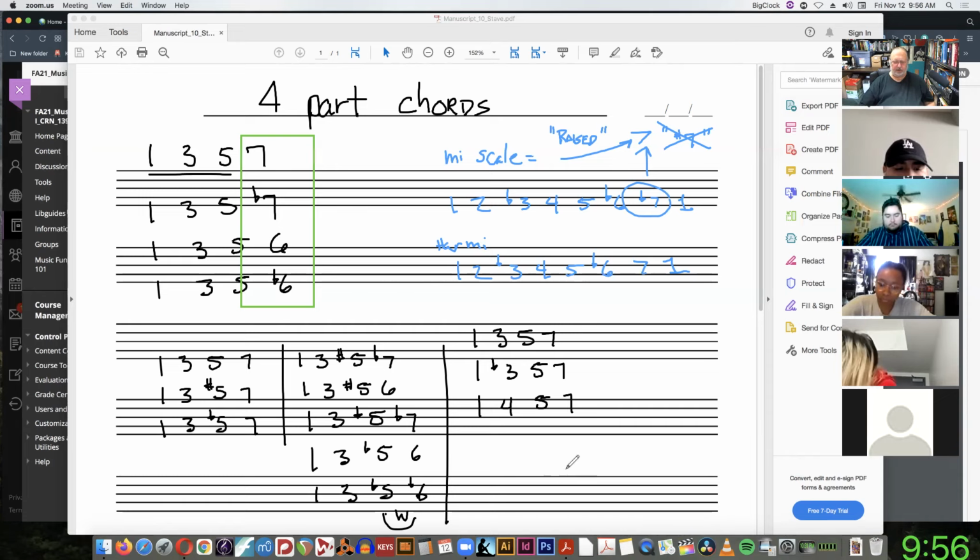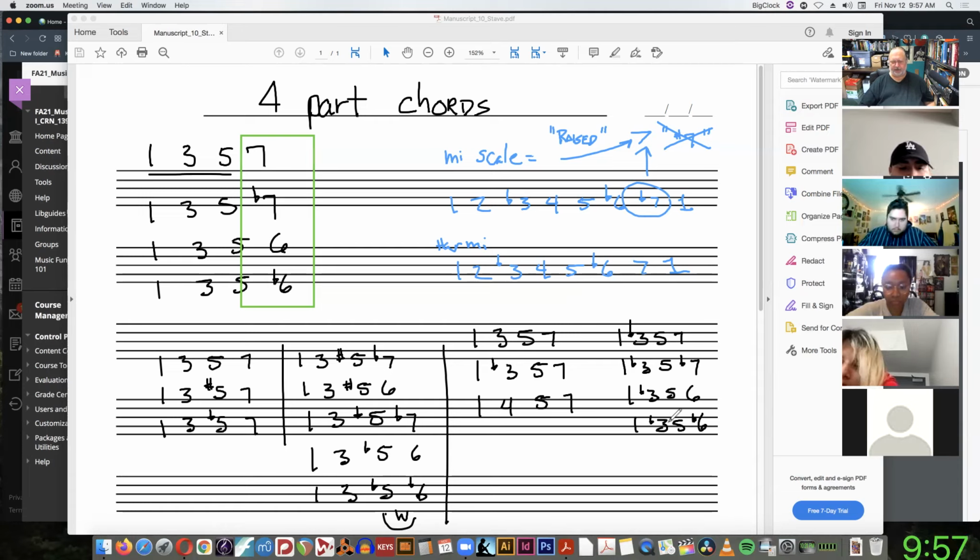All right, so from those, we can go 1, 3, 5, 7, 1 flat 3, 5, 7. Now let's take 1 flat 3, 5, 7. We can go 1 flat 3, 5, 7, and use the same logic. I can go 1 flat 3, 5, flat 7, right? 1 flat 3, 5, 6, 1 flat 3, 5, flat 6, right?